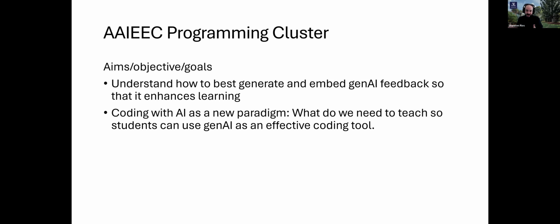But if we gave AI to the students without any knowledge of coding, it obviously won't be as beneficial to them. So what do we need to teach them before we give them access to the AI, or how does that work? It's one of the big questions that we're interested in answering, but we don't have a project on at the moment.